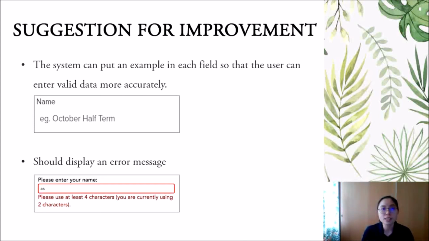In my opinion, this system can be improved by put an example in each field so that the user can enter valid data more accurately, and in addition, provide an error message when the user enter invalid data so that the user can know that the invalid data is filled in that field.